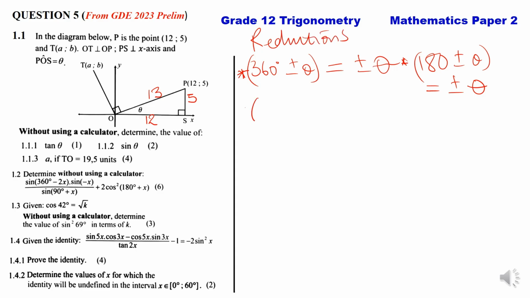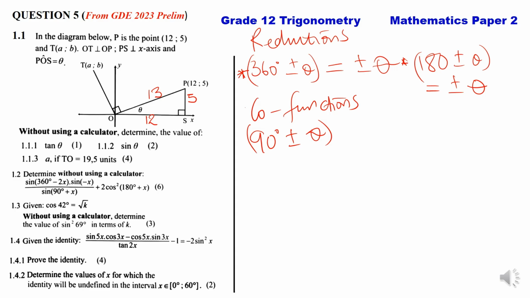Then I must remember my co-functions. So my co-functions in this case are 90 degrees plus or minus theta. I must remember this one. The 90 degrees falls away, then cos changes to sine, and sine changes to cos.